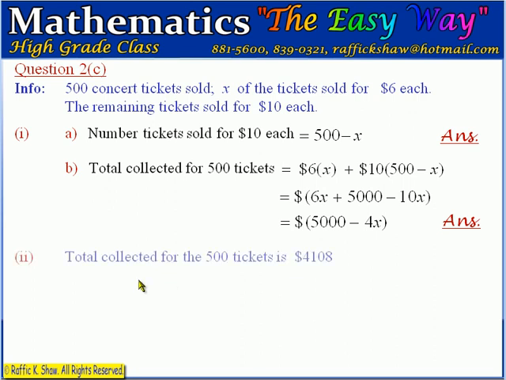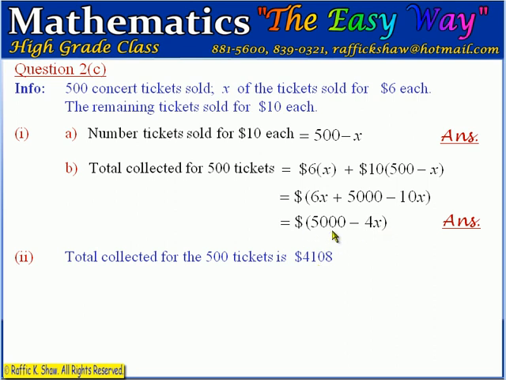Now in part 2, we are told that the total amount of money collected for the 500 tickets is $4,108. Remember that this expression represents the total collected for the 500 tickets, and we are now told that the actual amount collected for the 500 tickets is this amount, $4,108.